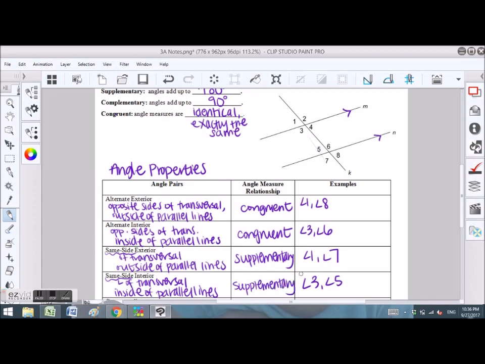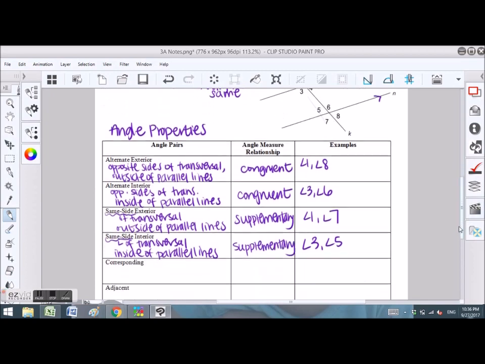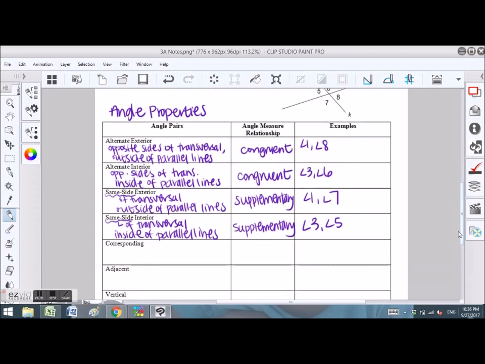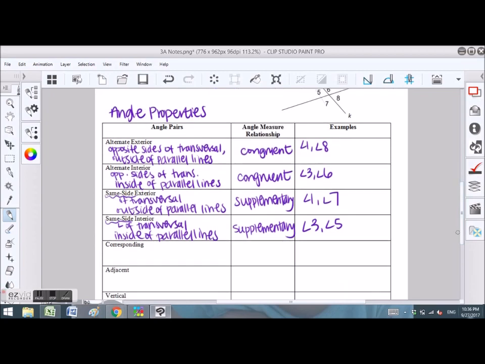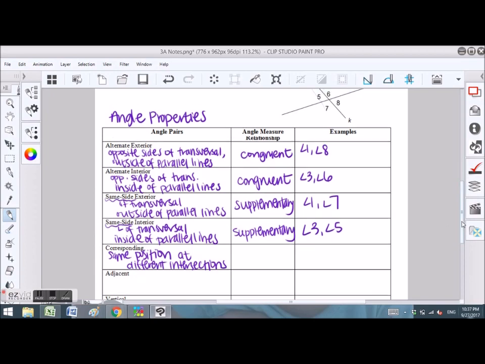Alright, moving on. If you have corresponding angles, this means that they have the same position, but at different intersections. So remember, an intersection is where two lines cross.